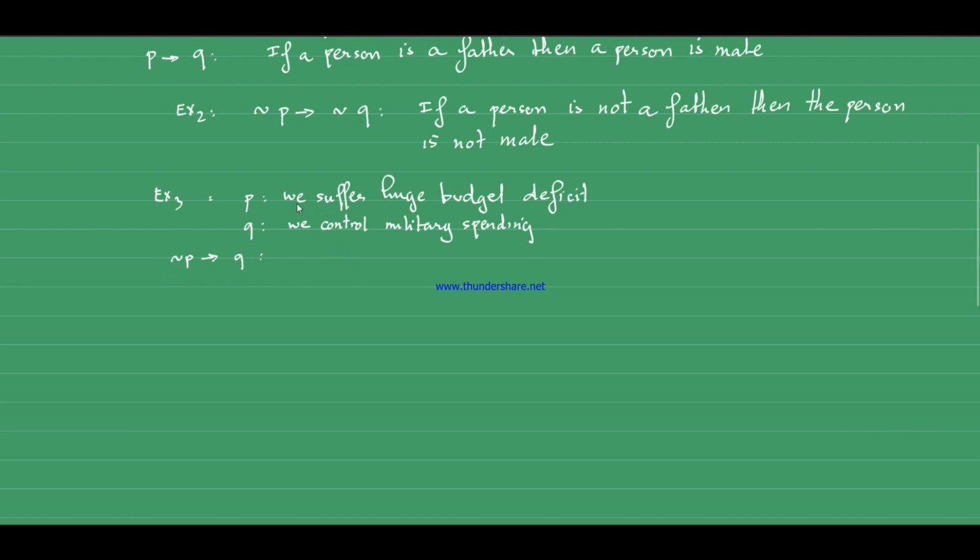Negate this, so it means that if we don't suffer a huge budget deficit, because we negate this statement here, then we can control military spending. There you go.